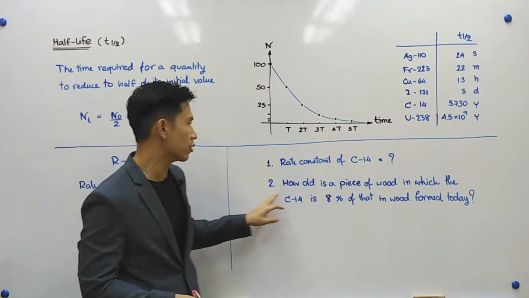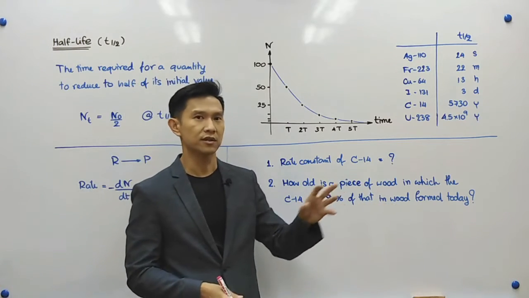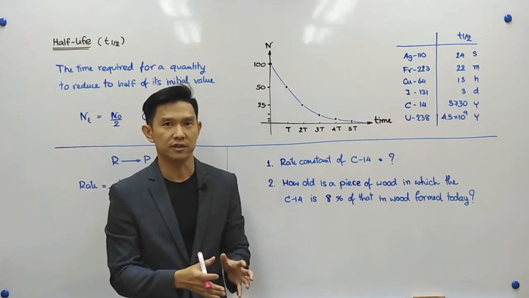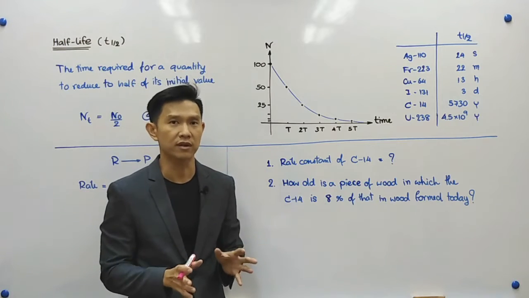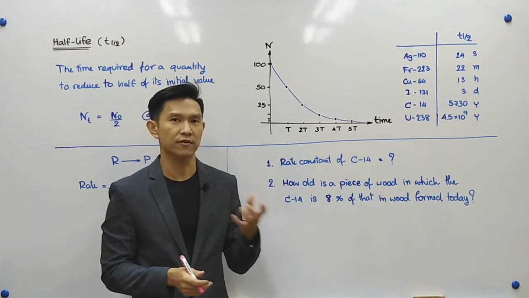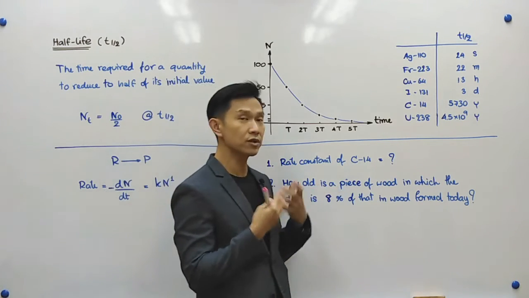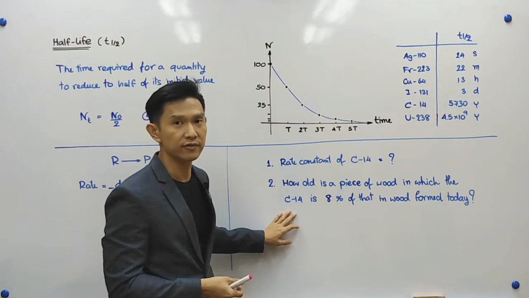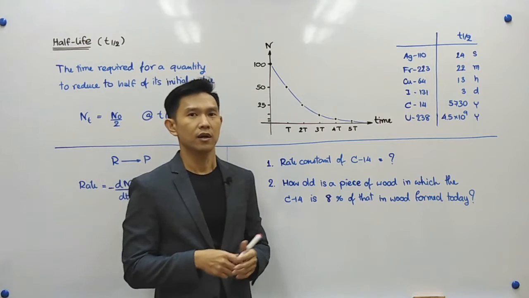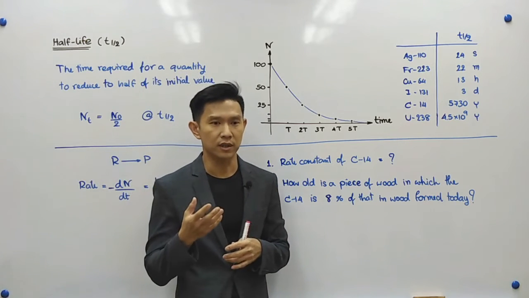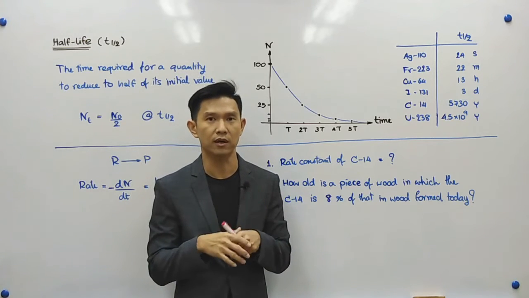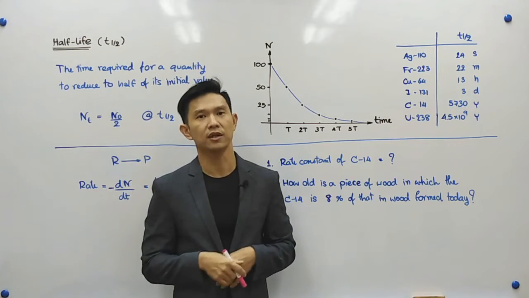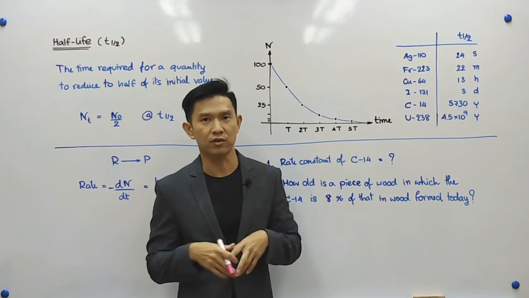So the question is, how old is a piece of wood? Okay, so think about a tree that was killed by a volcano, things like that. So a piece of wood that we found, if we want to know the age of that, we use radioactive dating.